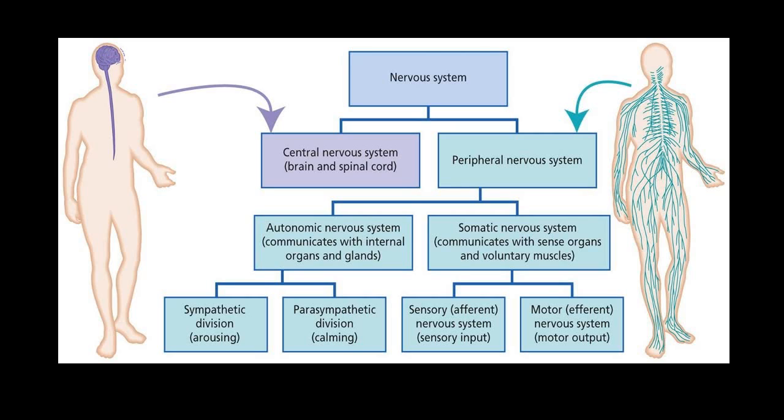So as the nervous system divides into two sections, the central nervous system and the peripheral nervous system, the central nervous system includes the brain and the spinal cord. The responsibility of the central nervous system is to receive and process information and initiate an action appropriate for the information that's received.